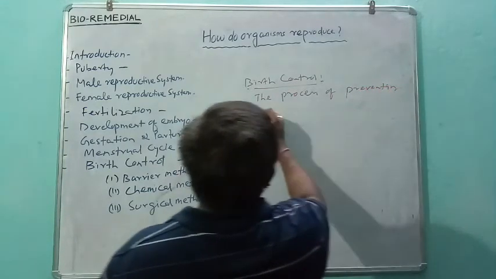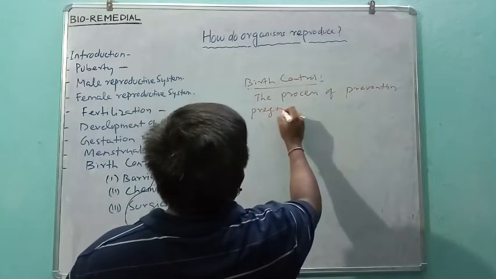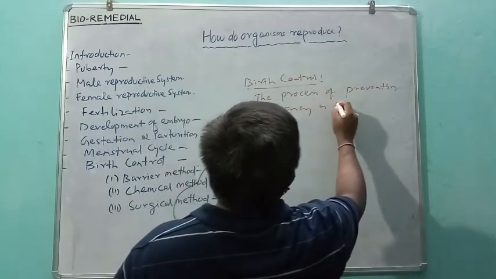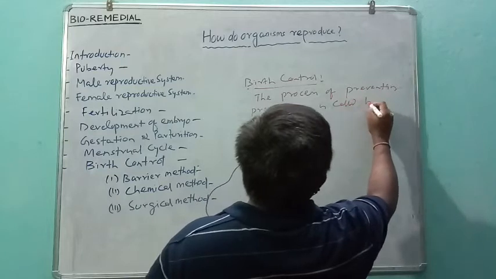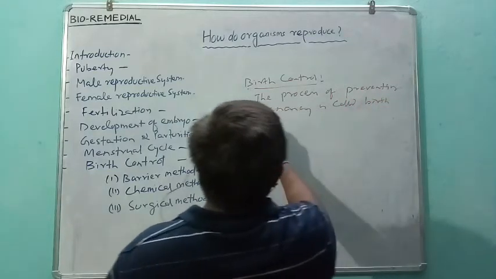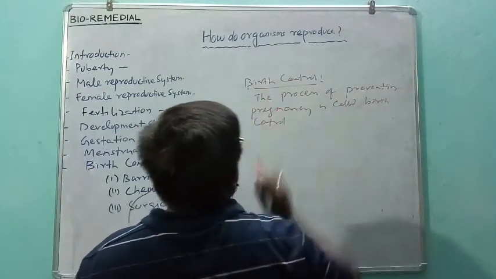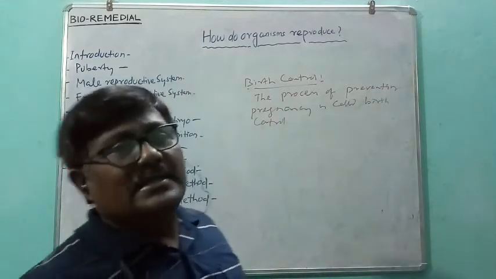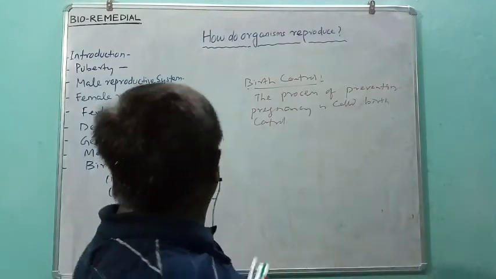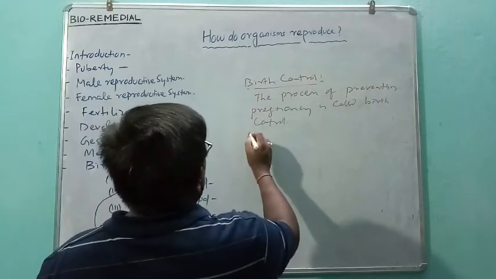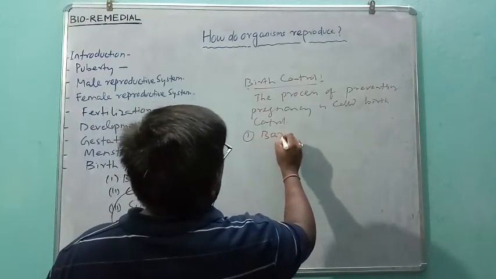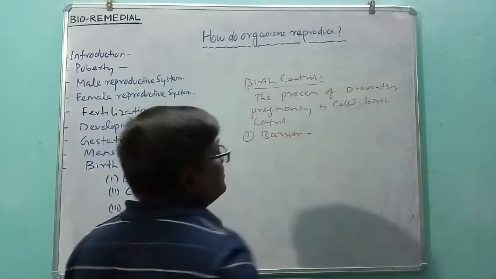Preventing pregnancy is called birth control. So birth control is necessary. Why it is necessary, I have explained. There are various processes. One important process is the barrier method. I will only explain by the point.